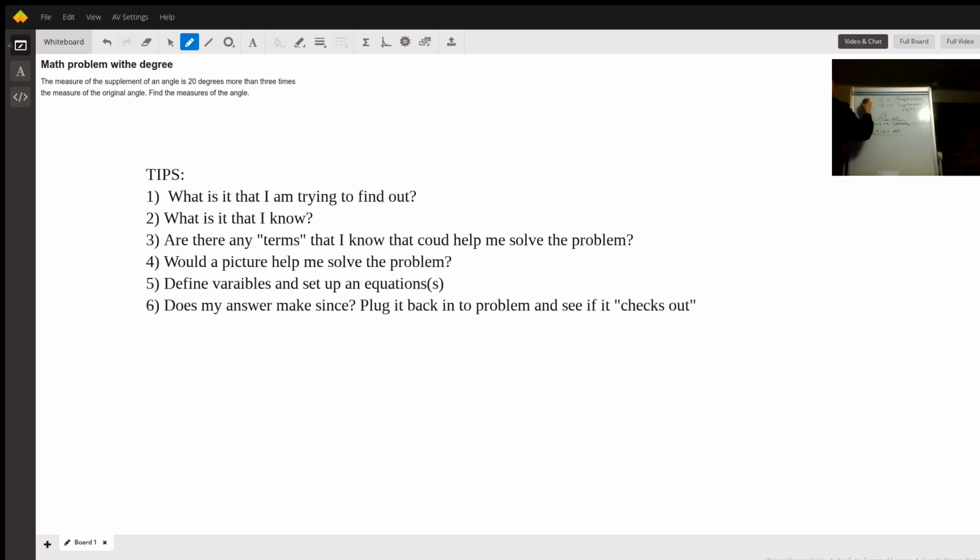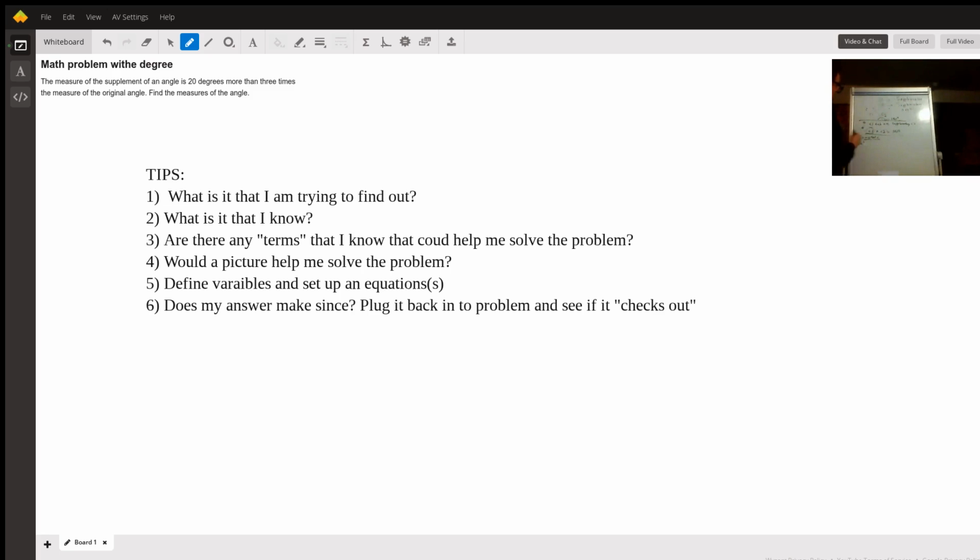It's going to be my original. Angle 1 equals the original angle in the sentence here. And angle 2 is whatever that other angle is, the supplementary angle to this original angle. Again, we're playing semantics.